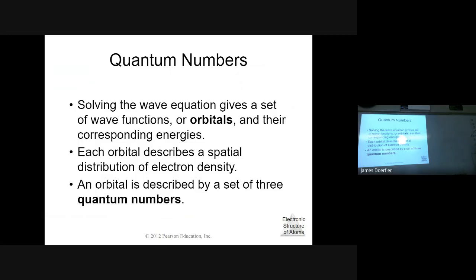Now, each orbital that we're going to be discussing is going to describe a spatial distribution of electron density. And so we have a set of 3 quantum numbers that we're going to discuss. We're not going to get through them all today, but we'll at least get through maybe 2 or so.